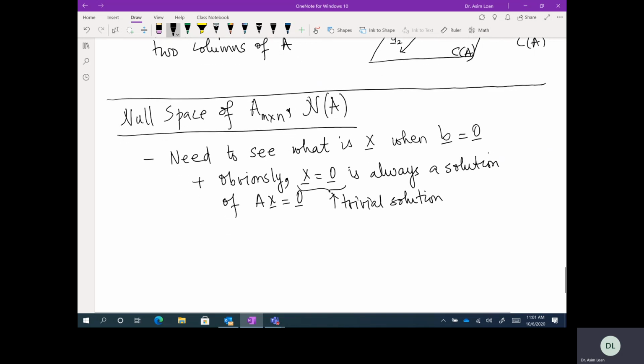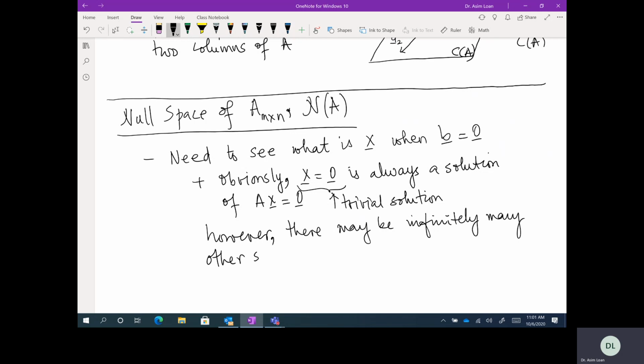But there may be infinitely many other solutions, and let's see how to find them.